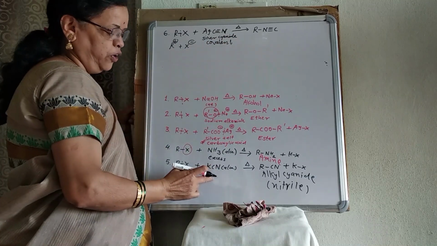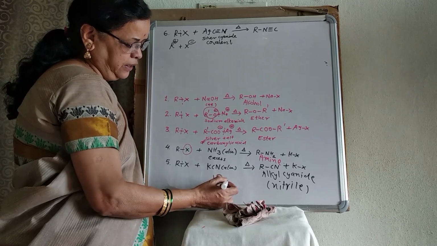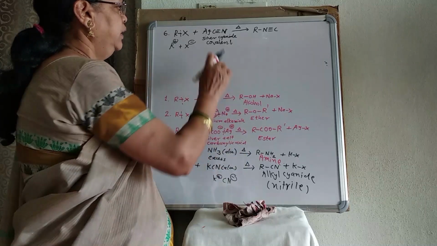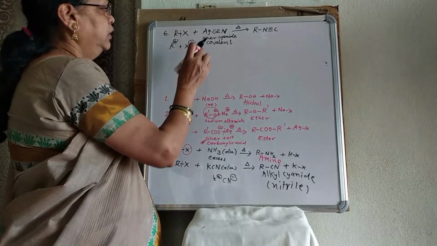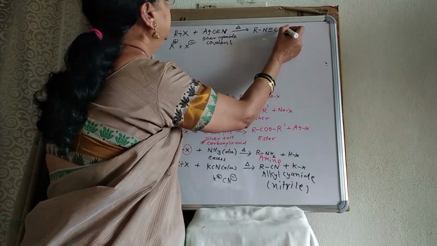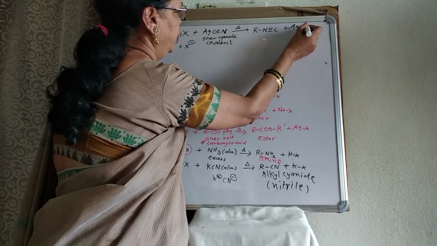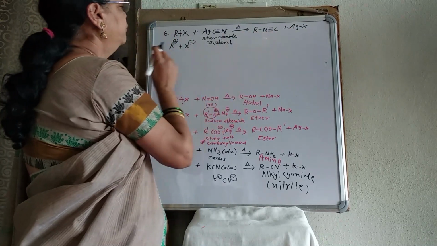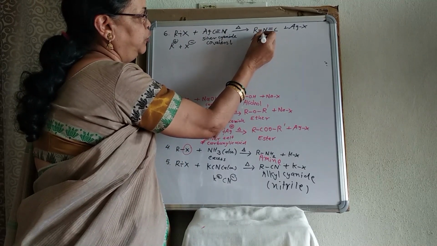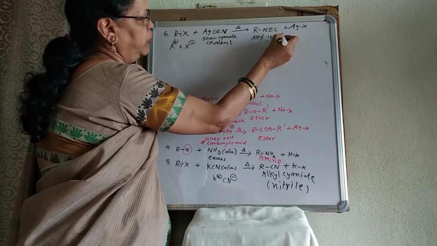Such a bond is not present in KCN because it contains K plus and CN minus, an ionic compound that completely dissociates. Here the cyanide ion is converted to isocyanide, plus AgX as the byproduct. So this compound which is formed is called alkyl isocyanide. R means any alkyl group, and cyanide is not forming here, isocyanide is forming.